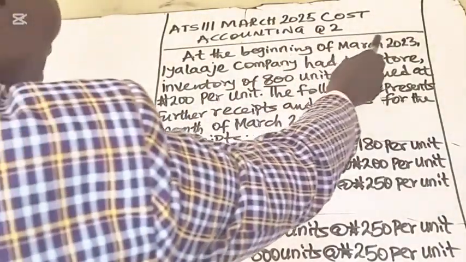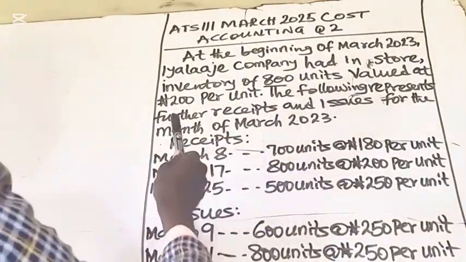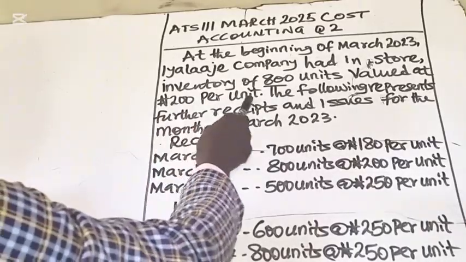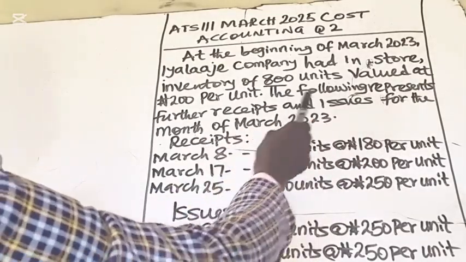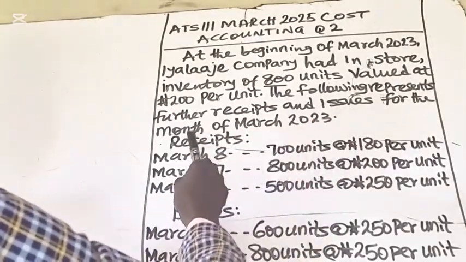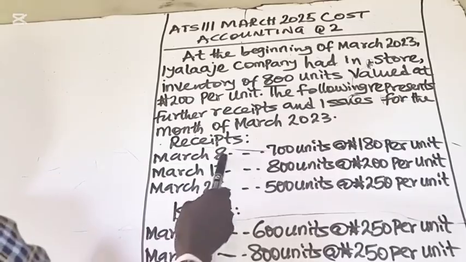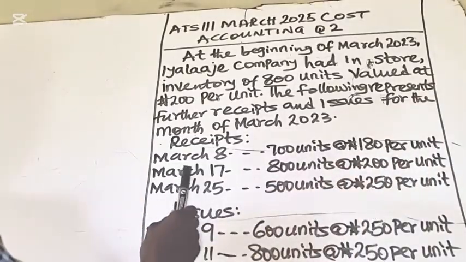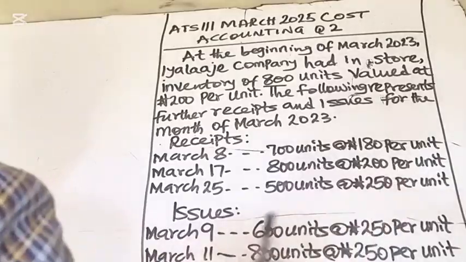At the beginning of March 2023, Yalaje Company had in store inventory of 800 units, valued at 200 naira per unit. The following represents further receipts and issues for the month of March 2023. Receipts: March 8, 700 units at 180 naira per unit. March 17, 800 units at 200 naira per unit.